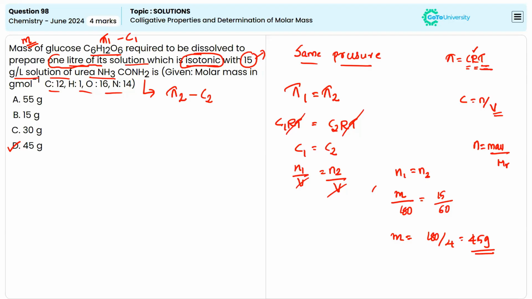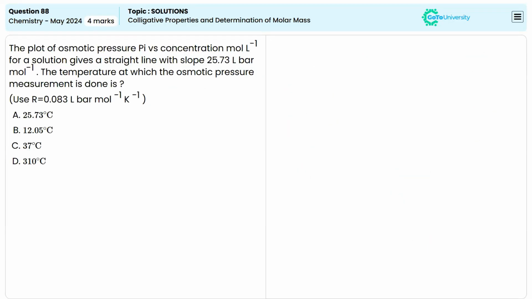Now the second question. Coming to the next question, a plot of osmotic pressure versus concentration in moles per liter for a solution gives a straight line with slope 25.73 liter per mole. We have to find the temperature at which the osmotic pressure measurement is done.